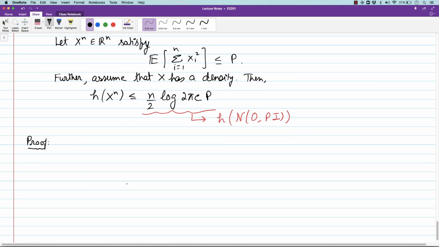So divergence is non-negative, and therefore, if you have this distribution of Xn, I'll denote it by p, and let distribution q be the Gaussian distribution.